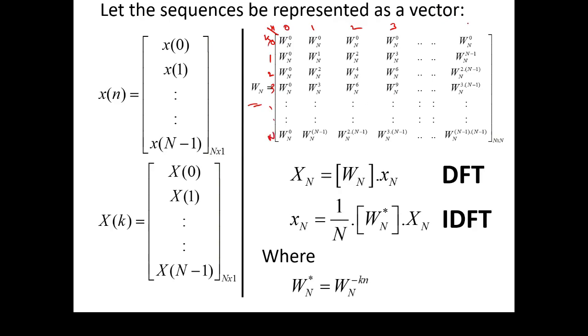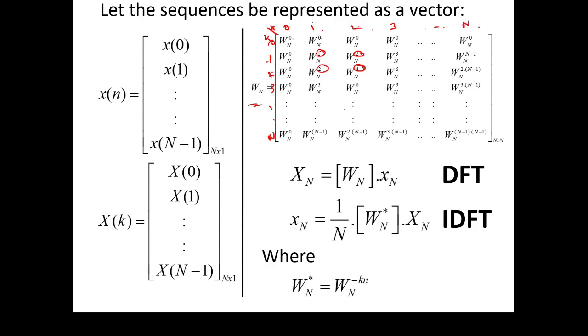Say here also you have N. So for W_N, what would be nk? At this location 0, 0. Similarly, here 0, 0. At this location 1. At this location 1 multiplied by 2. At this location, 2 multiplied by 1, 2. At this location 2 multiplied by 2, 4.